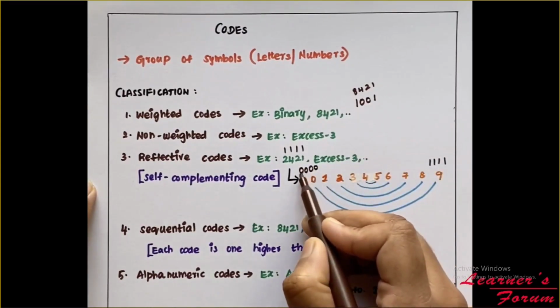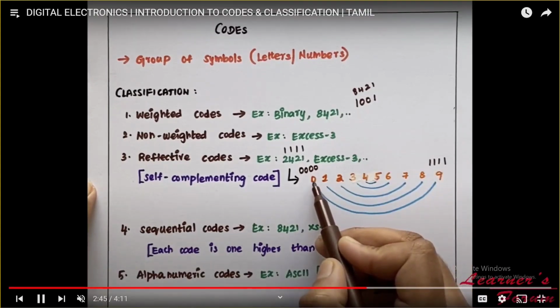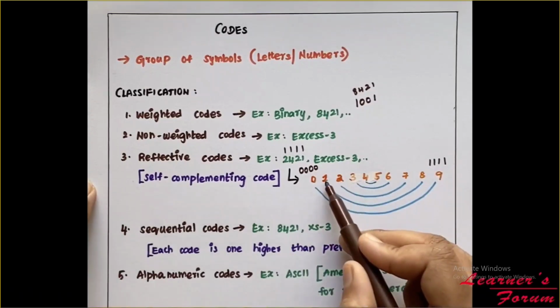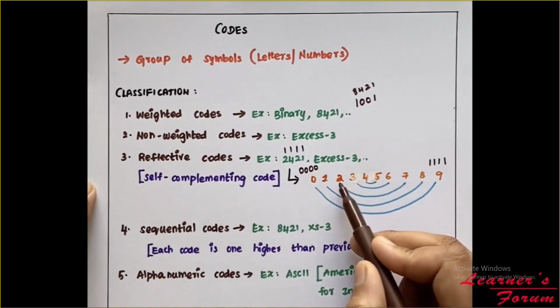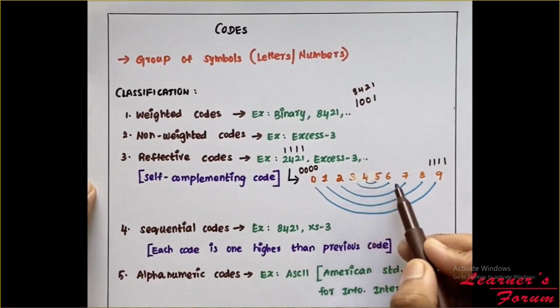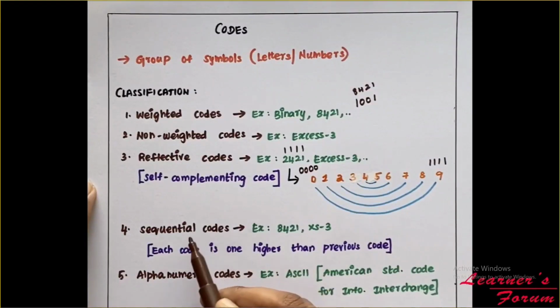Looking at 0 and 9, replacing zeros with ones, we will get the other value, which is 4 ones, and vice versa. If we complement 1, we will get 4 zeros. Similarly, for 1 we will have the code complemented as 8, for 2 as 7, 3 as 6, 4 as 5. This is why it is called a self-complementing code.